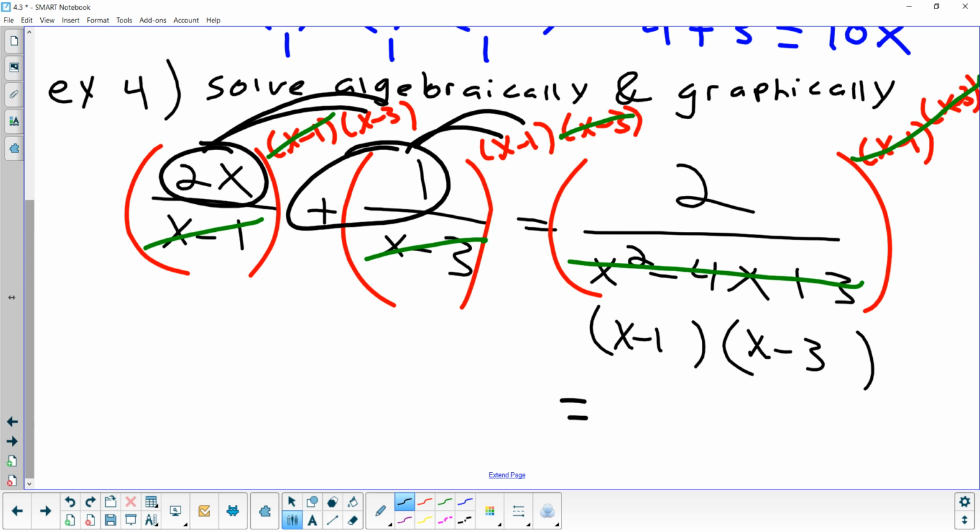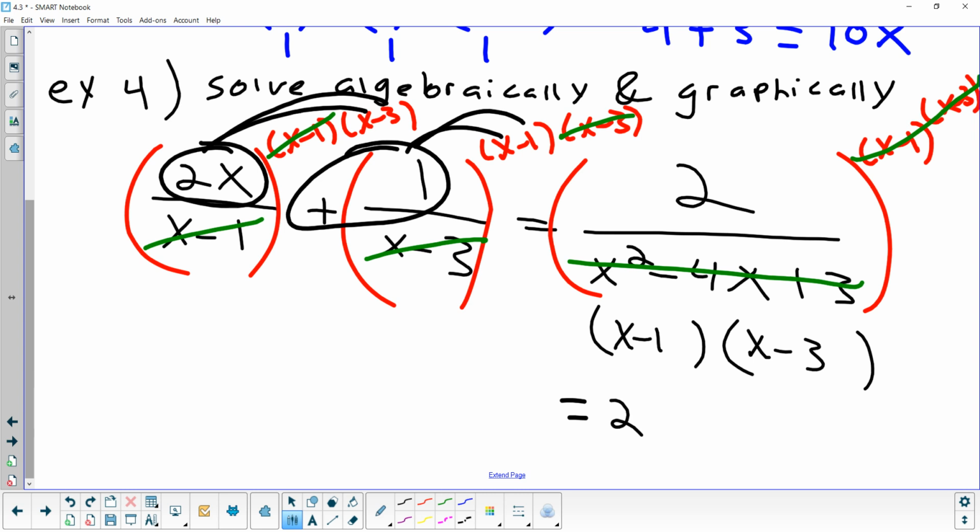All right, and just to get the right side done with, Francesco, what's left on the right side? The x minus 1 and x minus 3. No, those canceled out. And 2. Just the 2.